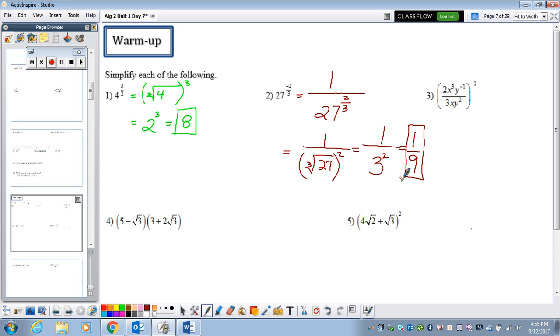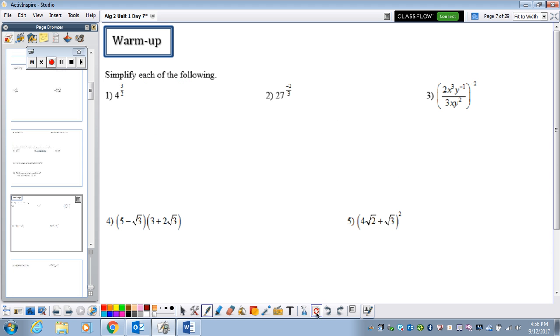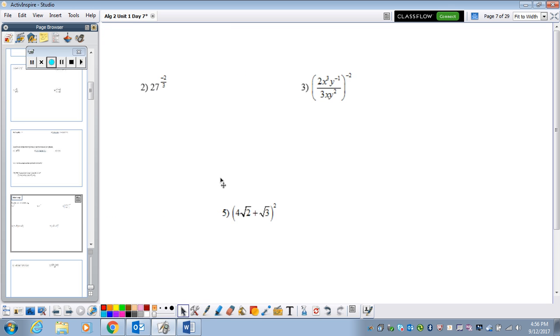Alright, number 3, the first thing we want to do is distribute that negative exponent. So we're going to give that negative 2 power to everything on the inside of the parentheses, including the 2 and the 3.